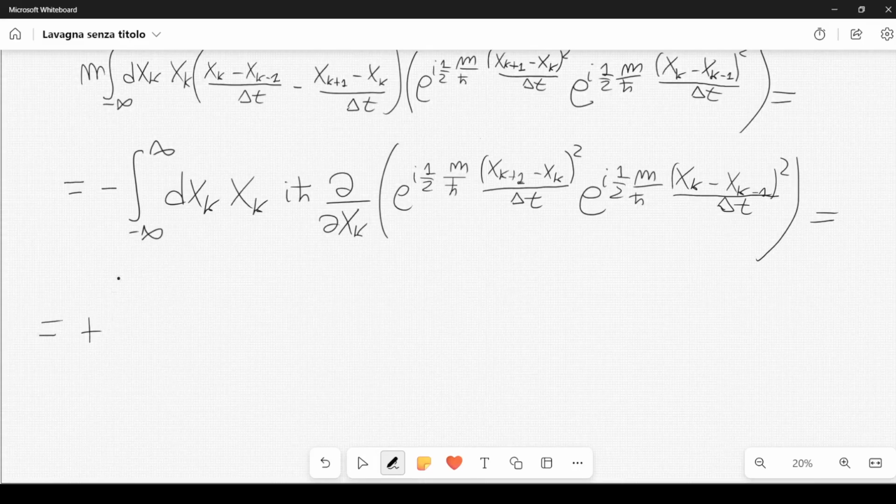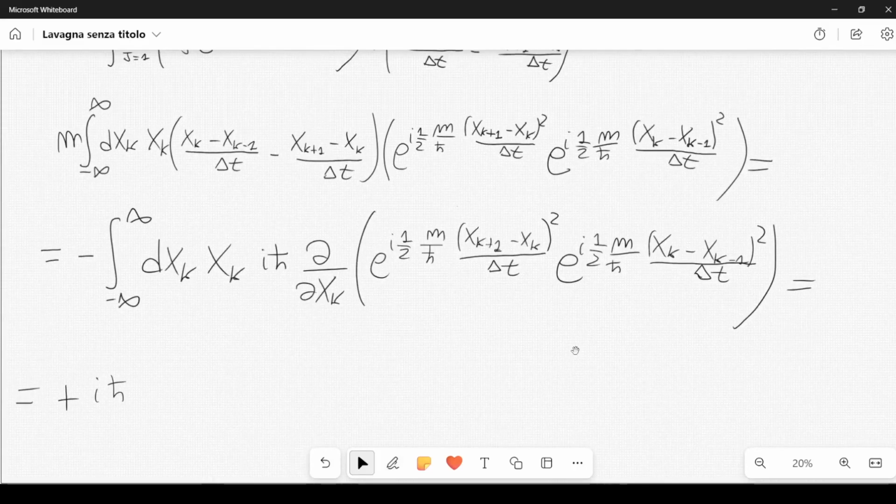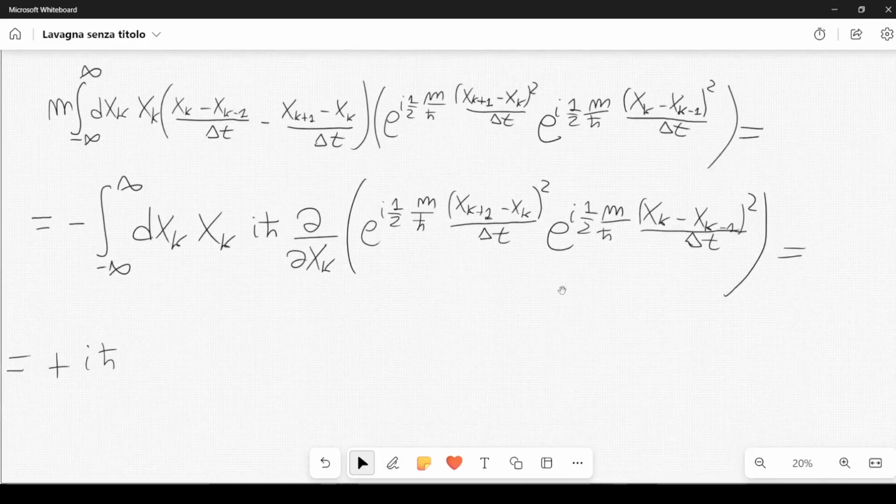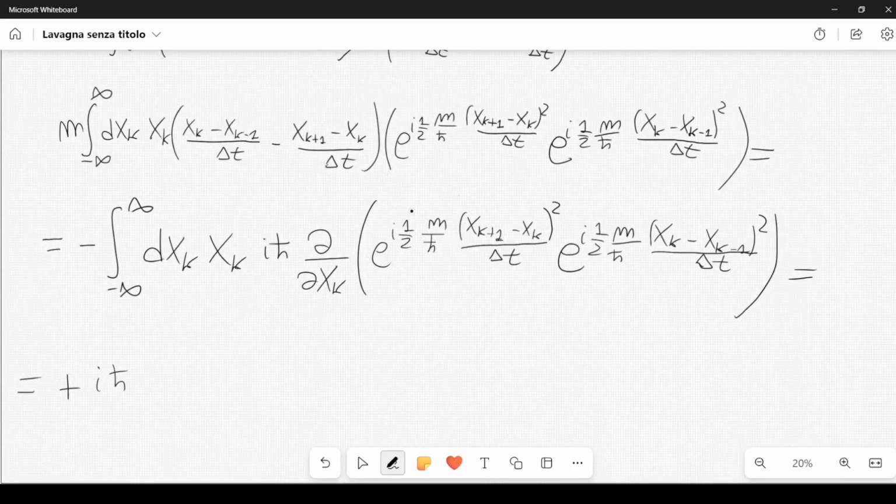So we get plus, instead of a minus, we have i h bar. By the way, we are also going to neglect the boundary term. You also get a boundary term from the integration by parts. And it is much simpler to motivate the fact that the boundary term vanishes if you don't consider this i.